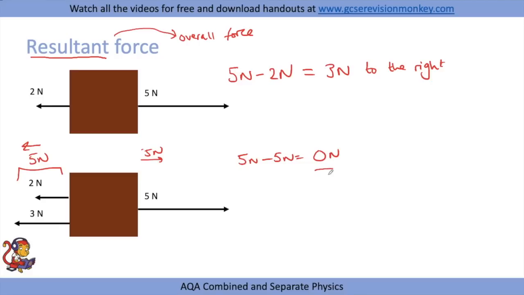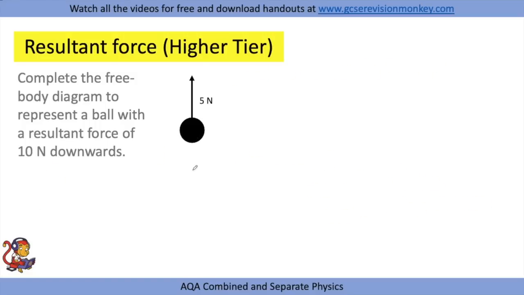So when there's 0 newtons, there is no resultant force, or it's better to say no overall force, and the resultant force is 0.